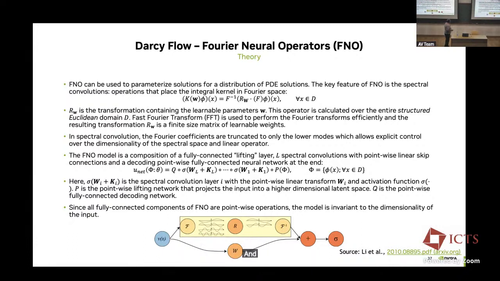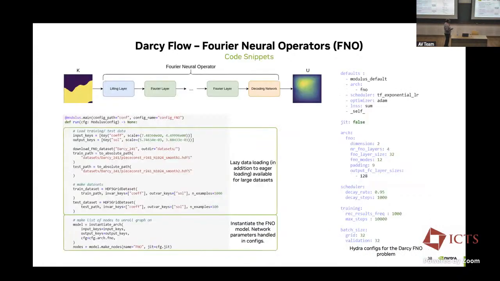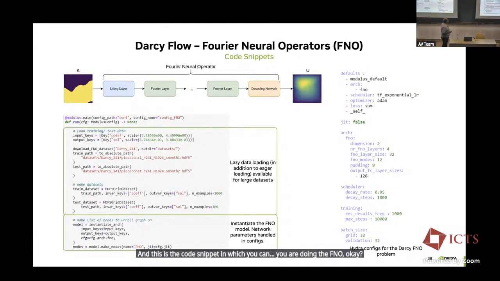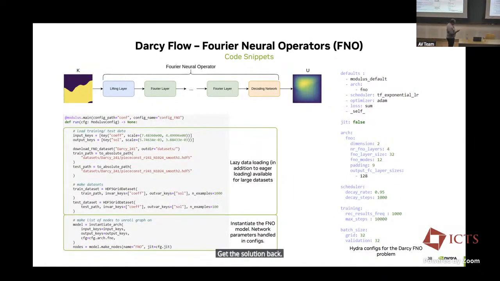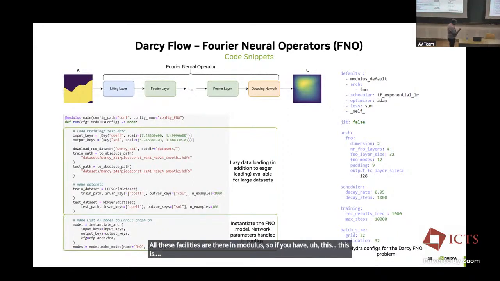And it requires a grid also. And this is the code snippet in which you are doing the FNO. Lifting layer, Fourier layer, and then decoding network. You can get the solution back. All these facilities are there in Modulus. So if you require this, then you can use it.